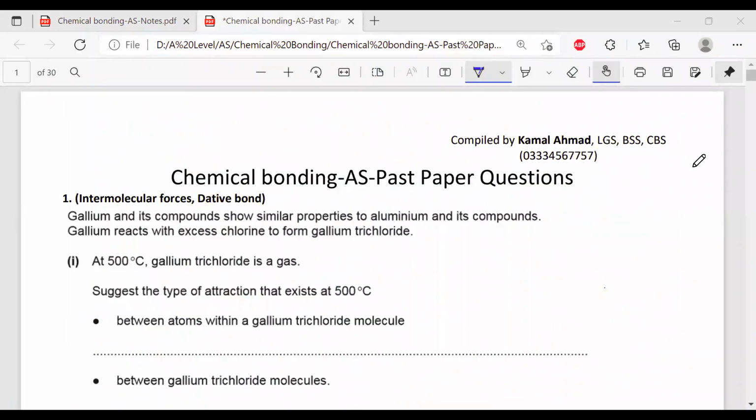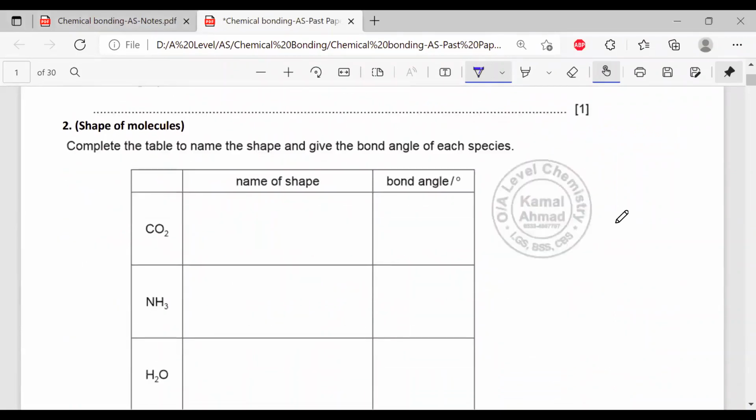After preparing the topic, you can practice questions from my topical compilation of chemical bonding. For example, here, question number 2 is related to shapes of the molecules. Here we need to write the shape of the molecule and its angle. For example, the first one is carbon dioxide and its shape. We have learned that it is this one.